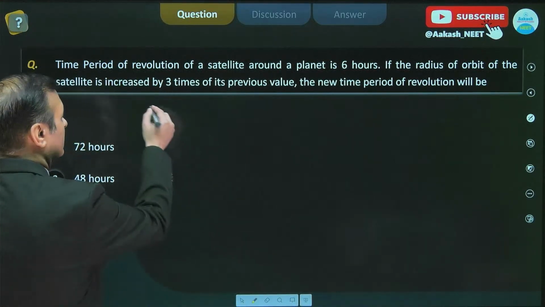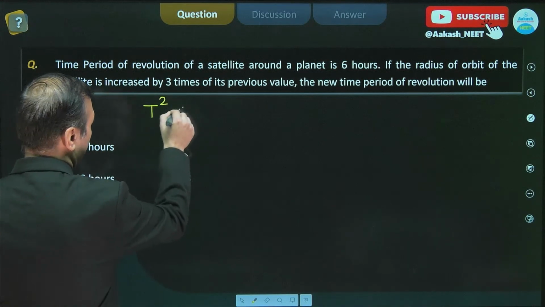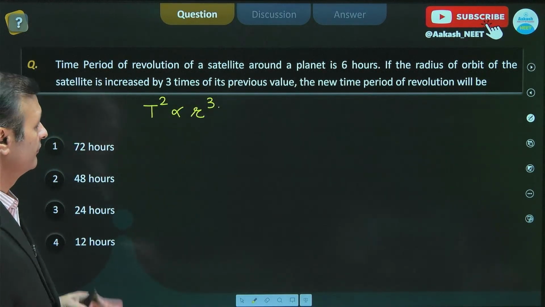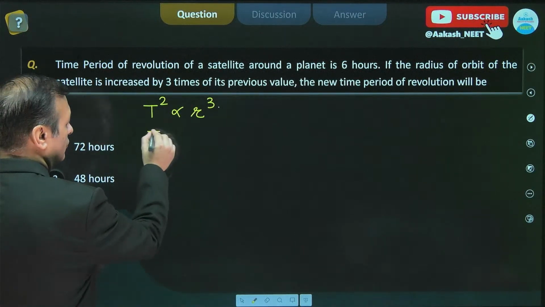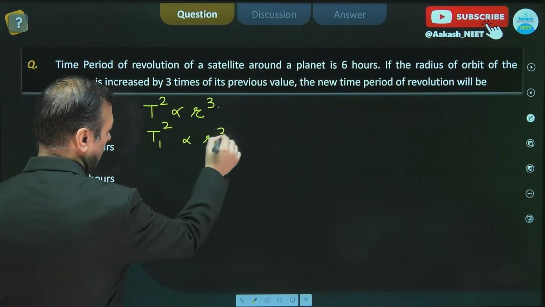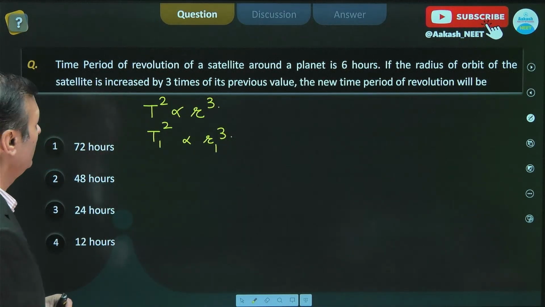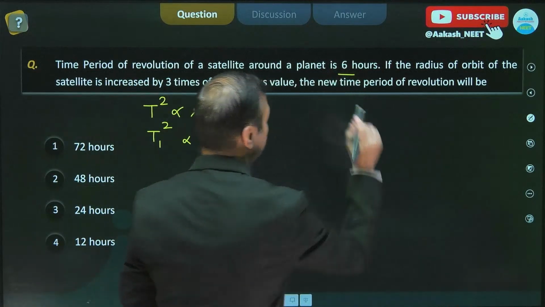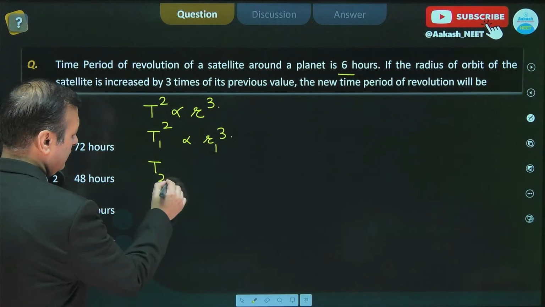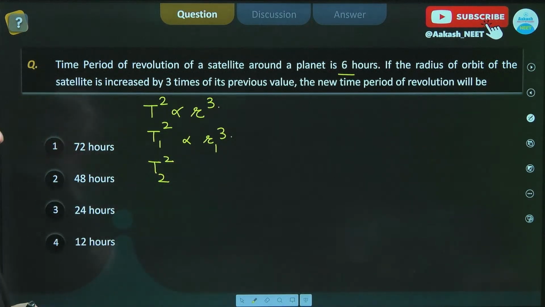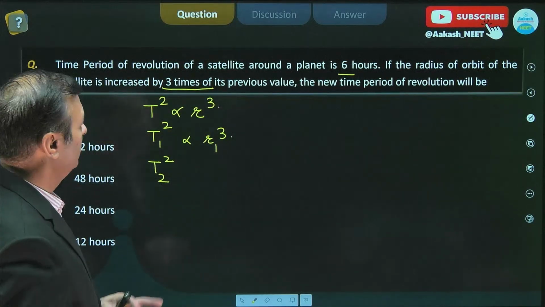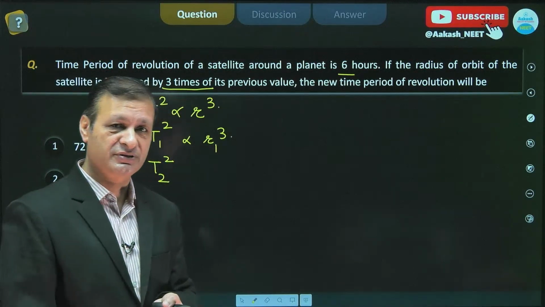Based on this, it says T square is directly proportional to R cube. This is what we have just covered. So T1 square is directly proportional to R1 cube, and T1 is given to you as 6 hours. Fine. We have to find out the new time period of revolution when its radius of orbit is increased by 3 times.